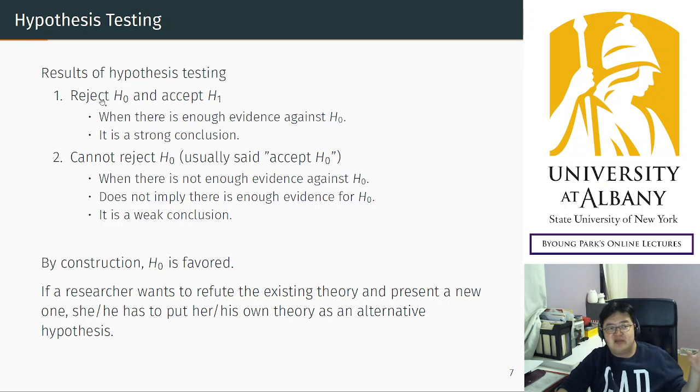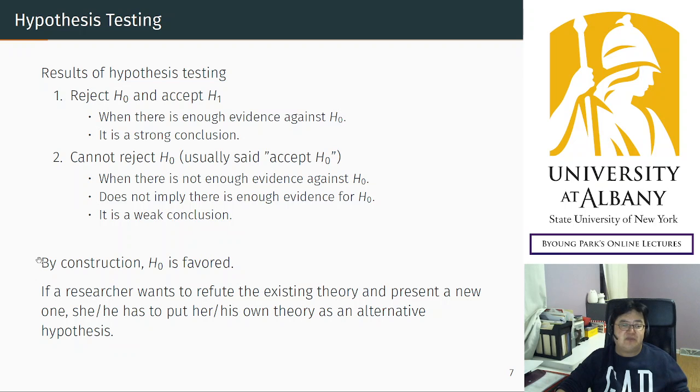Fundamentally you are favoring the null hypothesis, but you have to reject it. So it's totally inconsistent with the data. On the other hand, if you cannot reject H0, it is a weak conclusion because it does not imply there is enough evidence. It may be just because there is not enough evidence. So it's weak.